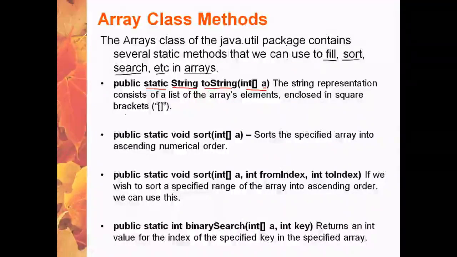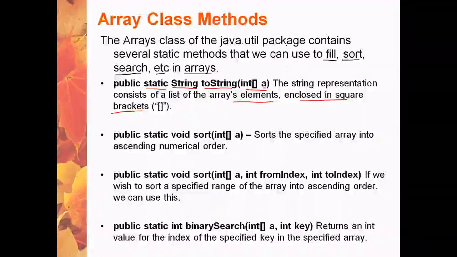The string representation consists of a list of array elements enclosed in square brackets. It will simply return the array elements in string format. We are sending an array of integers, and it creates a complete string made up of the array elements.